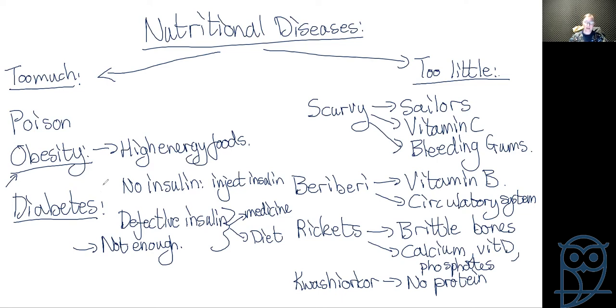Or it can be that something happened to your pancreas or other glands in your body, and now you can't make any insulin anymore. So this one can happen from very, very young. This one, the defective insulin or the not enough insulin, can also happen from very young, but that tends to mean that there is something very, very wrong in your diet or in the things you eat. You're literally not eating what your body needs.